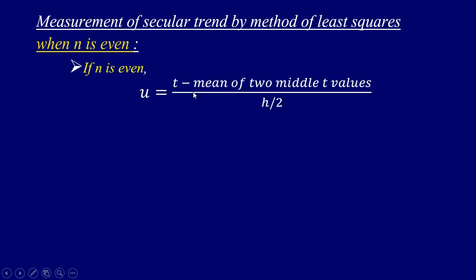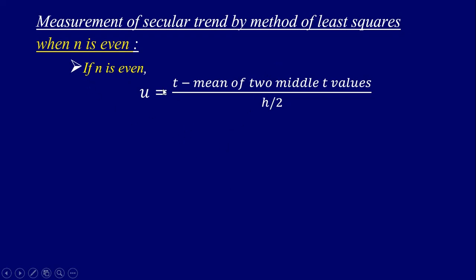If n is even, u is equal to t minus mean of two middle t values upon h by 2. When n is odd, the formula was u is equal to t minus middle t value, since if n is odd, there is a single middle value. And if n is even, we get two middle values.